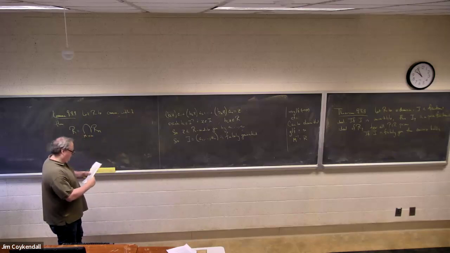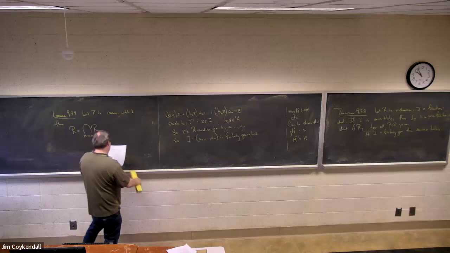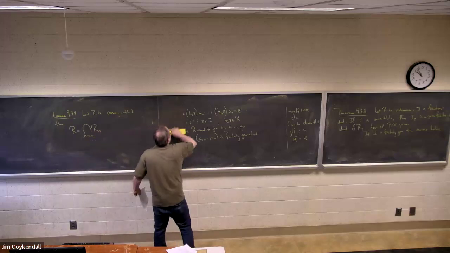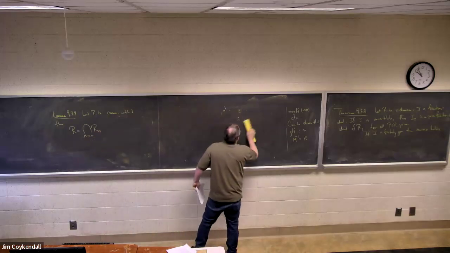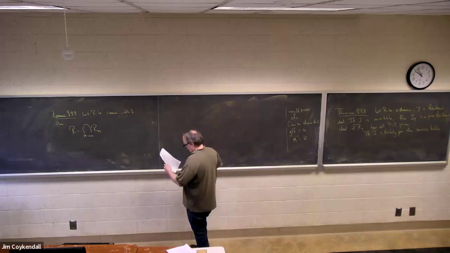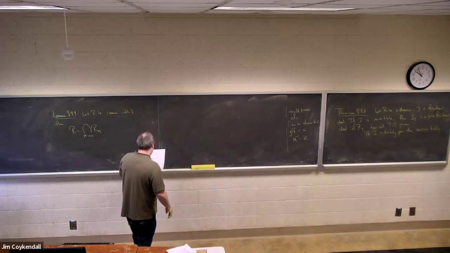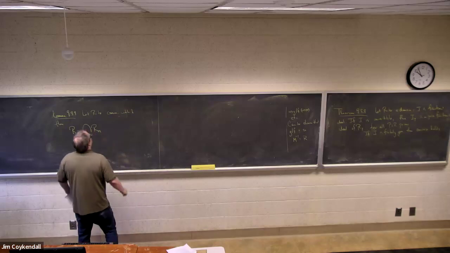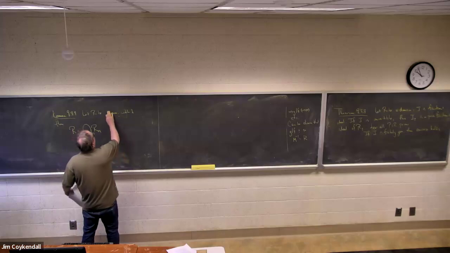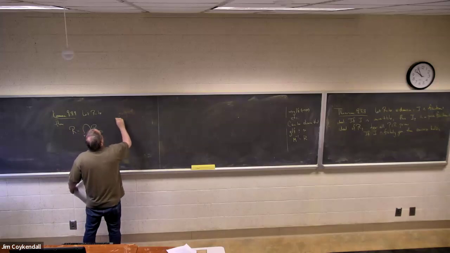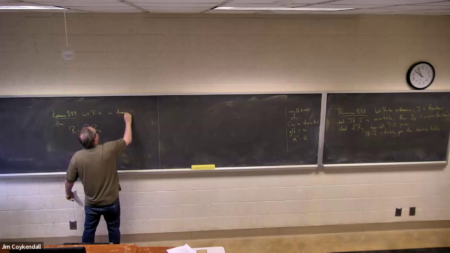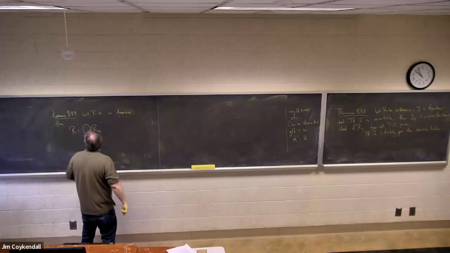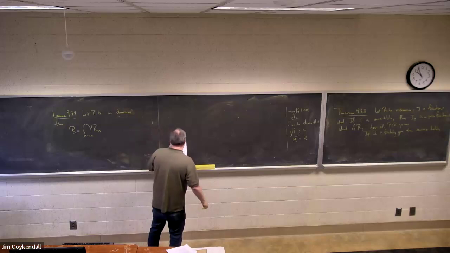Given one, then R is equal to the intersection of its localizations at maximal ideals M. That's a short proof.